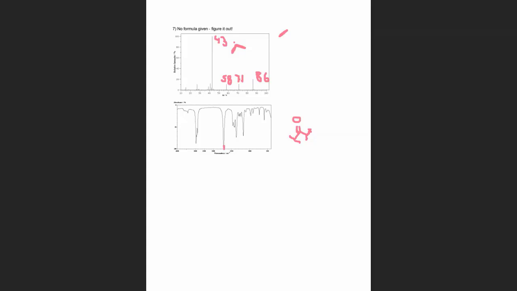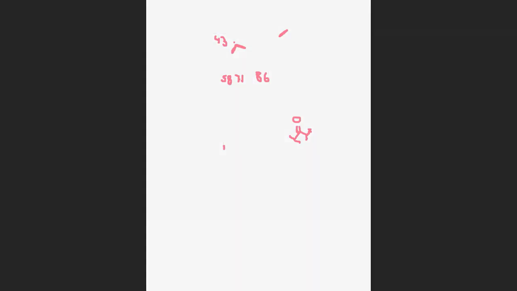We still need to figure out what this 58 is, right? And so what you can do is, let's look at this molecule. We already know it is a ketone.